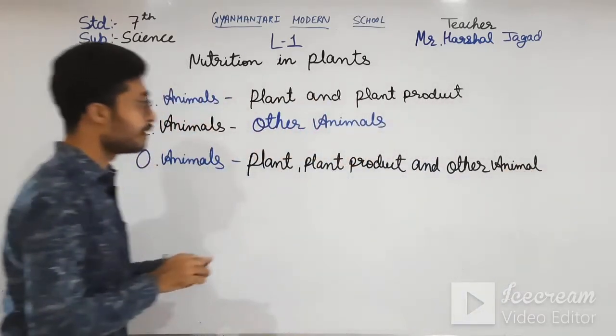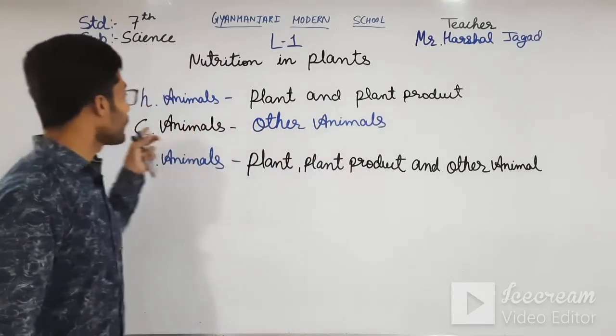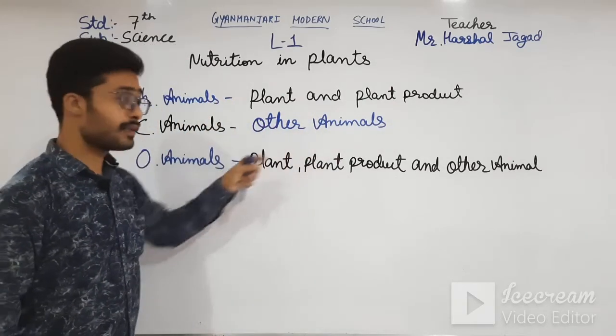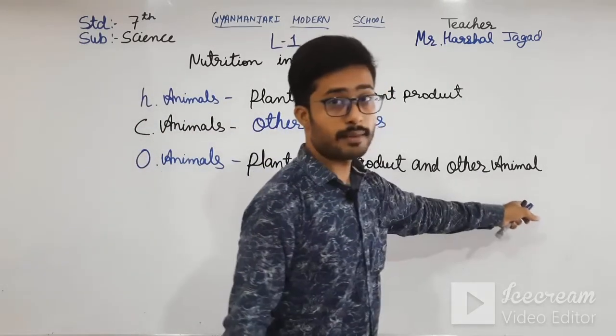Okay students, herbivorous animals eat plant and plant product, carnivorous animals eat other animals, and omnivorous animals eat plant product and other animals.